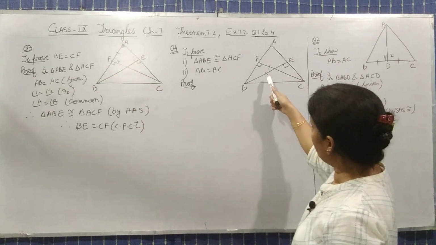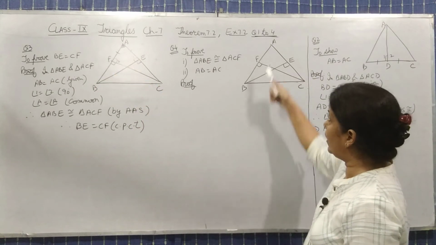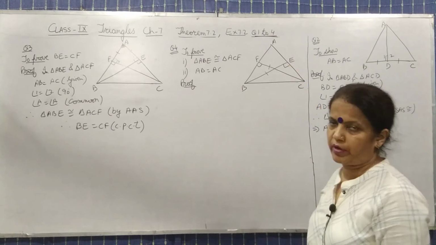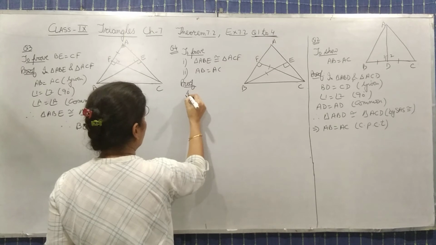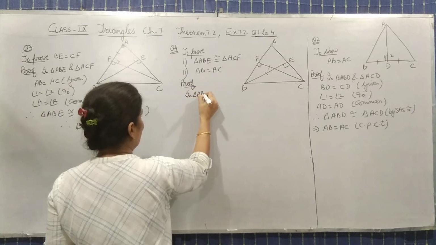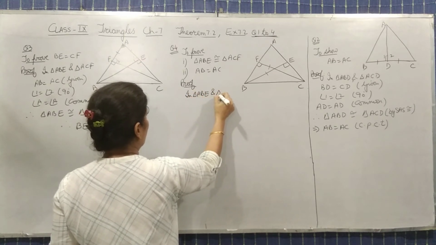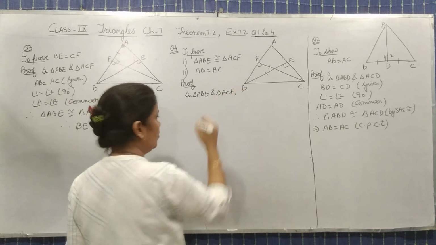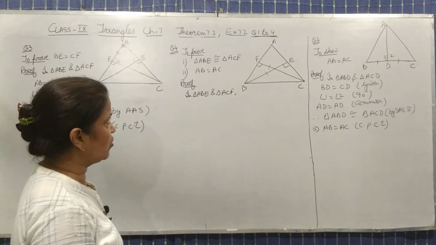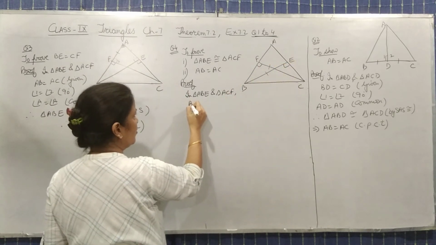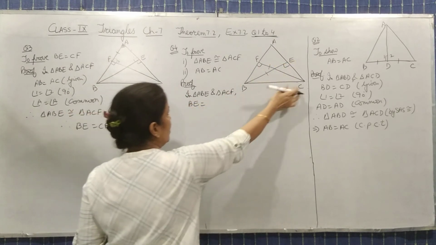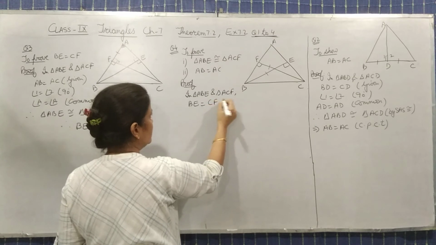Now here it is given that altitudes are equal and you have to prove these two triangles congruent. So let's take the proof part. In triangle ABE and triangle ACF, try to prove it congruent. BE is coming, so BE equal CF, this is given.